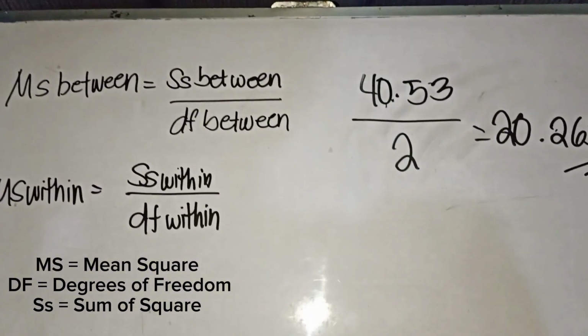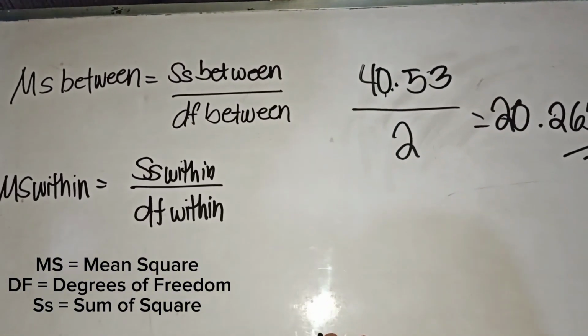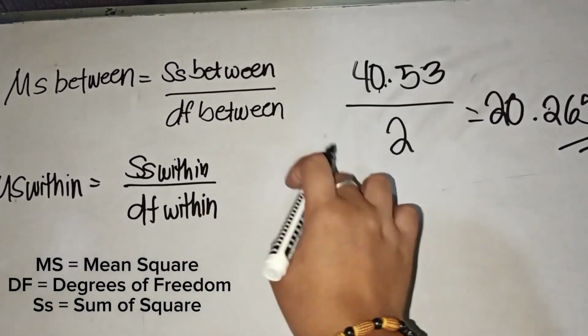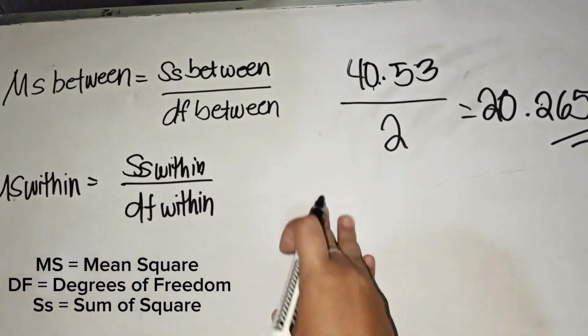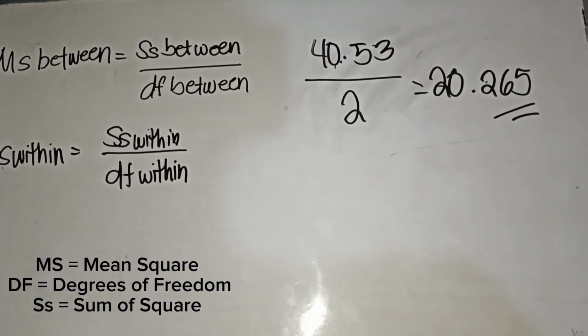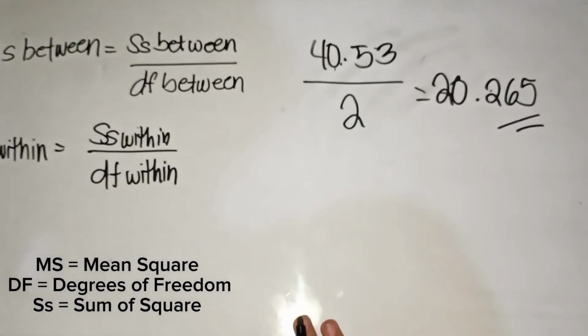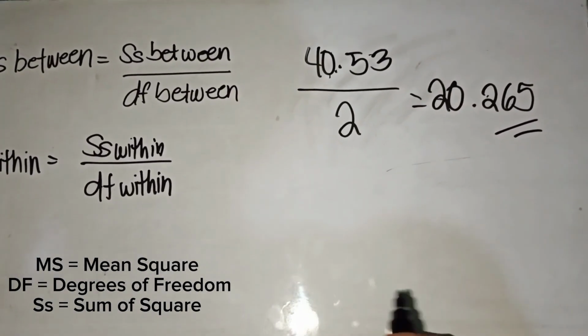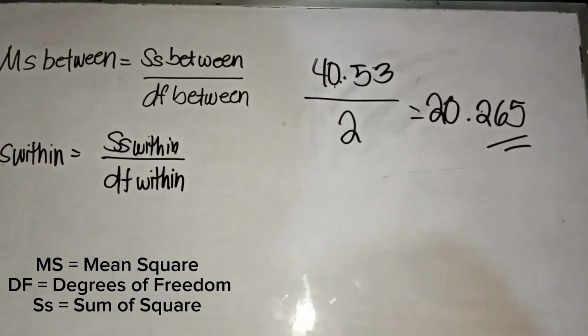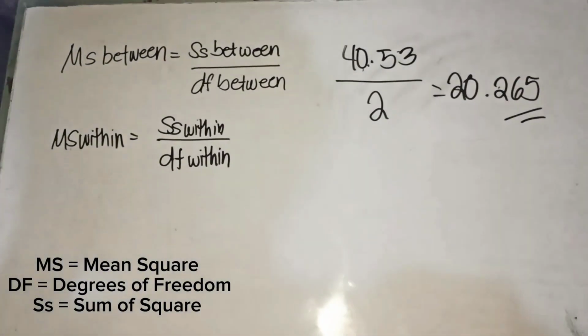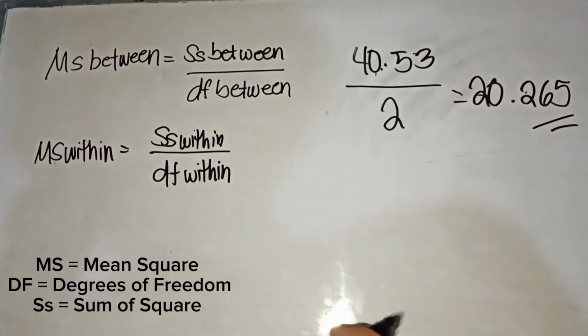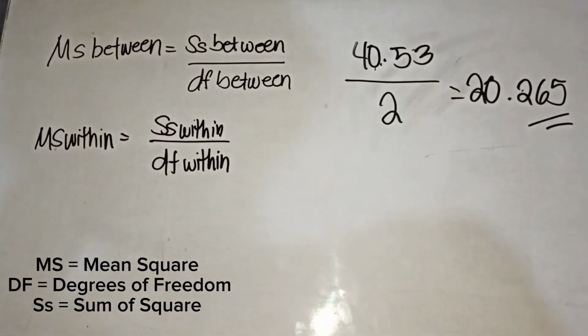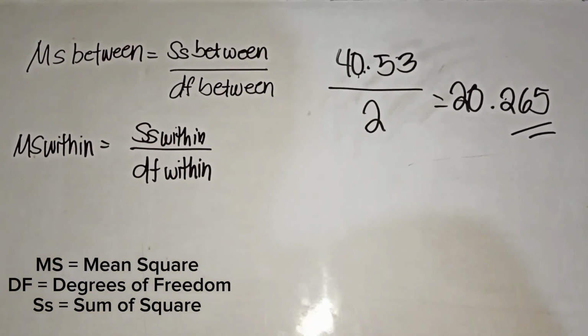Then, sa MS within, MS within equals SS within divided by DF within. So, same formula ra sila guys, pero lahi lang sila og kuan. MS within equals SS within divided by DF within.